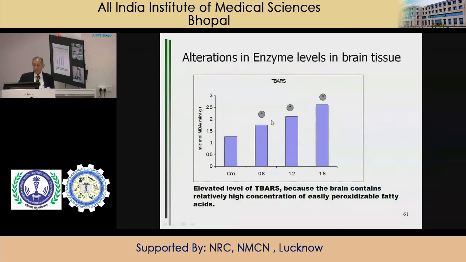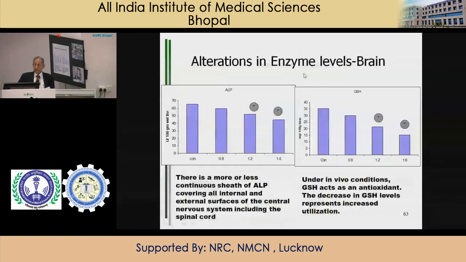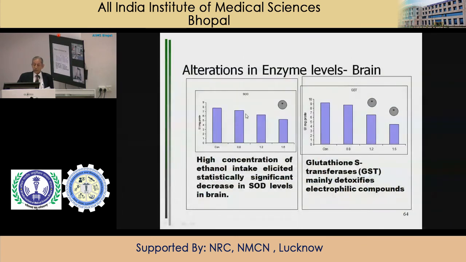The TBARS is increasing, and alterations in enzyme level, AST, ALT, are also increasing. The transferases are important enzymes, and they are indications of mainly mitochondrial injury. And the other enzymes, ALP and LDH, in the brain are also reduced.